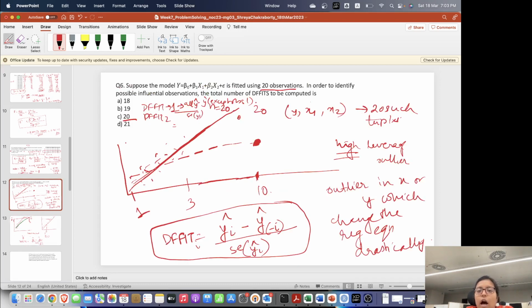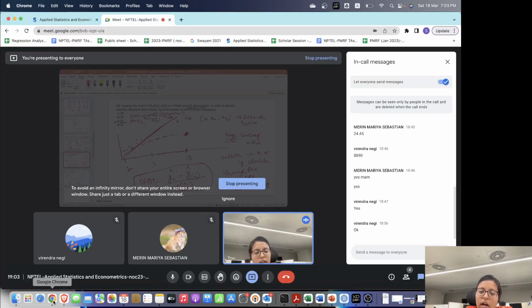The question says how many should be computed. However many observations there are, that many DFFITS need to be calculated. So the answer is 20. Is it clear? Any confusion, any doubt? Please ask me.